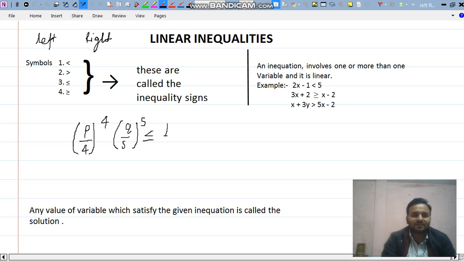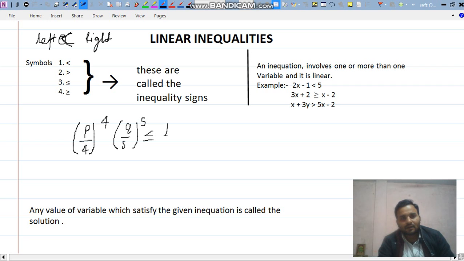When you listen to a teacher, you should know that we read these symbols with respect to the left side.